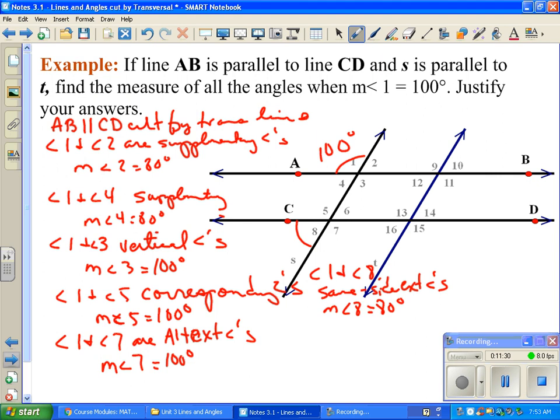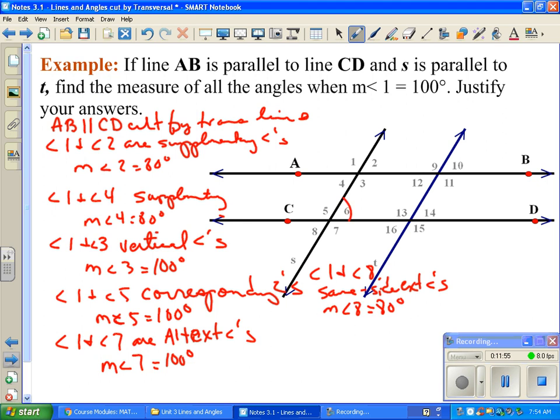So we've done all of them on that transversal except for angle 6. So let's go back to angle 6 now. Since you cannot compare angle 1 to angle 6, you could choose any angle you prefer to compare it to. For example, you could do 6 and 8 are vertical. You could do 6 and 7 are supplementary.